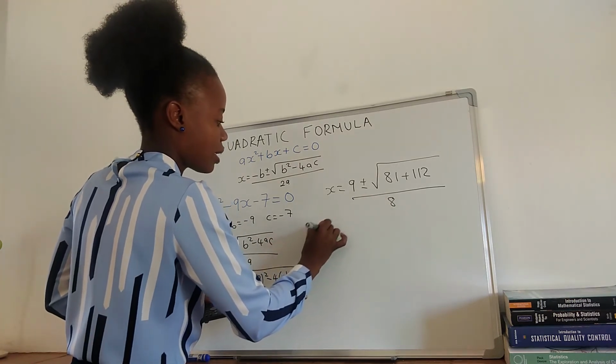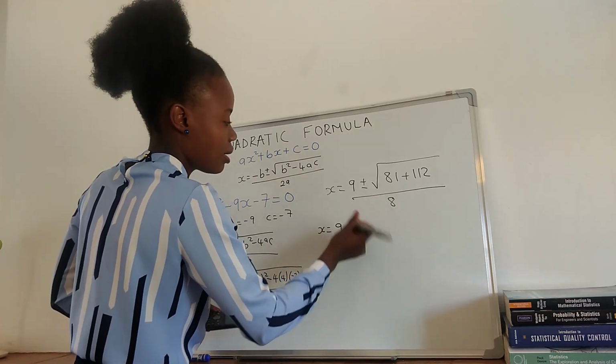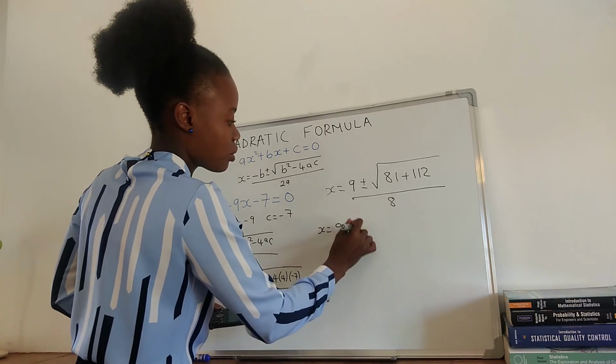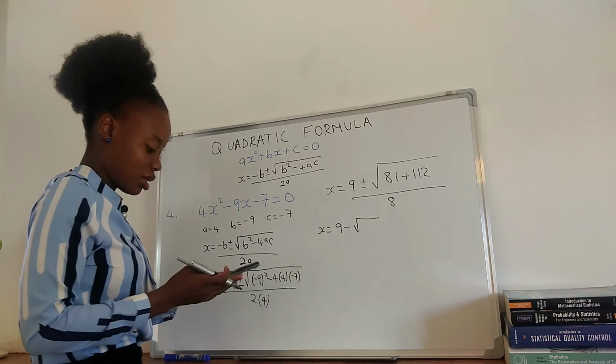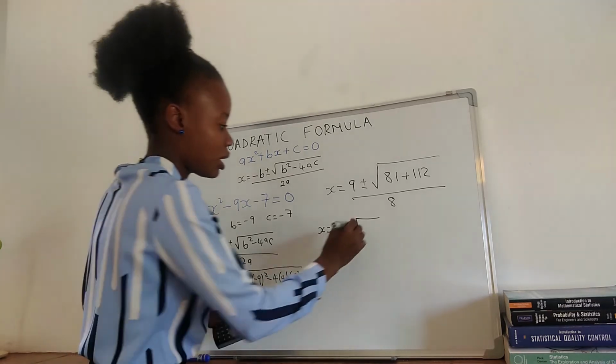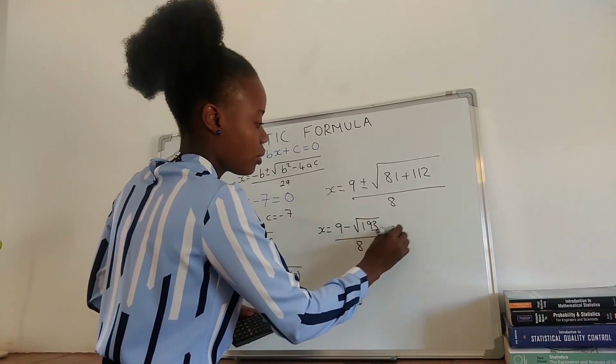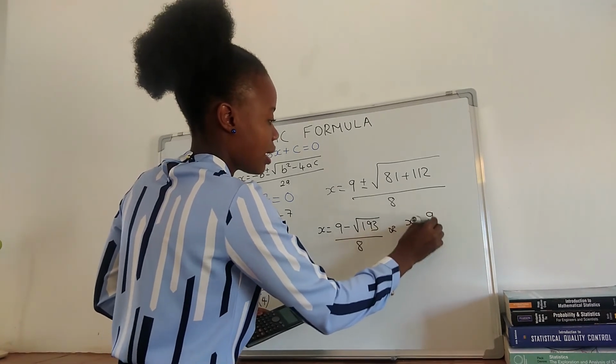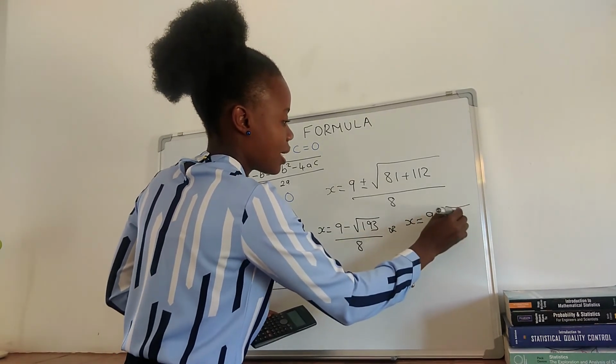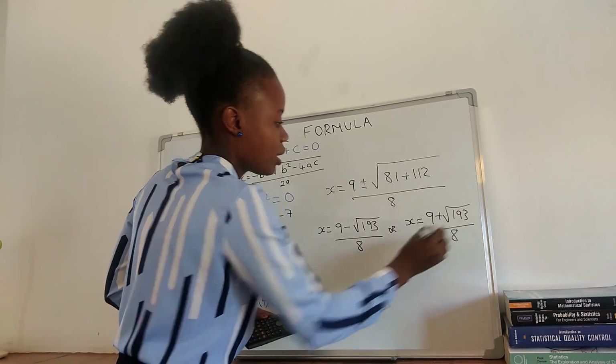So we have x is equal to 9 minus square root of 112 plus 81 is 193 over 8, or x is equal to 9 plus square root of 193 all over 8.